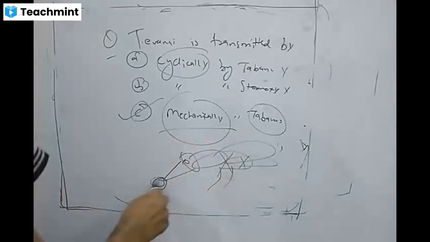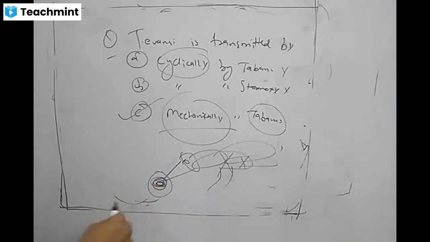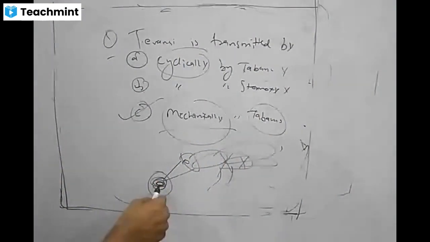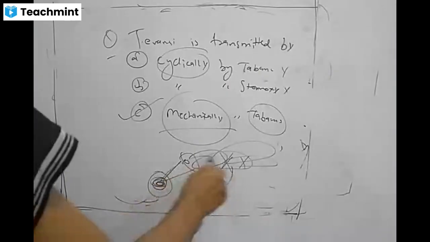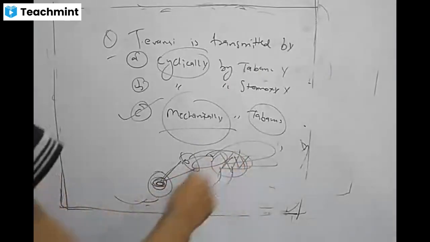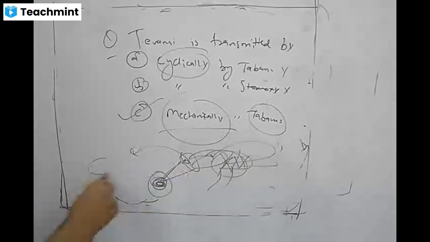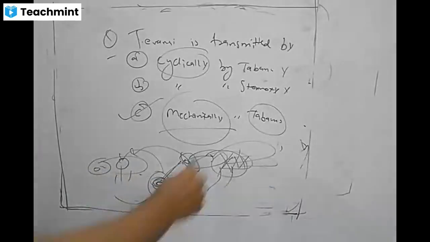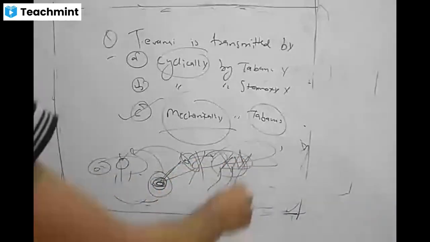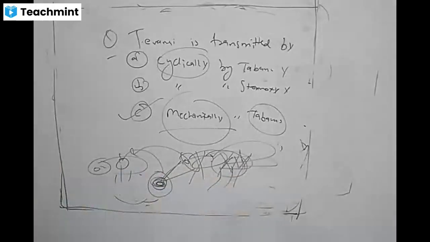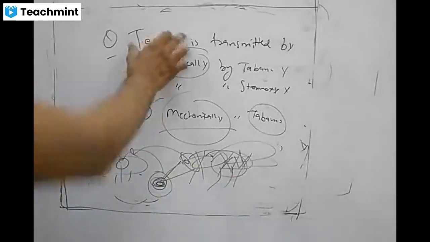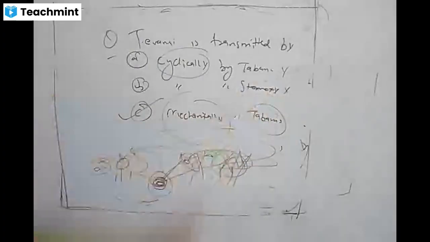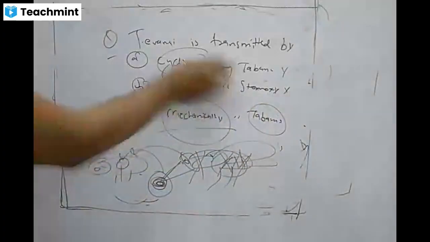Mechanically means it will take the form, that may be amastigote or promastigote, and from there it enters the body, but no development. Again, when it bites the next animal, it deposits the form. So no development, neither in the anterior part nor in the posterior part, just mechanical. So this was the MCQ: T. evansi is transmitted mechanically, not cyclically.